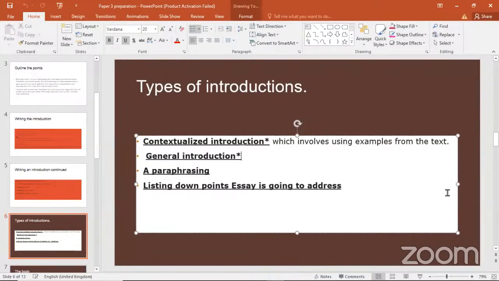So, discussing the question. Now, I'll discuss very quickly the merits and the demerits of each. For example, in the contextualized introduction, the advantage is that if you have used parts of the text, it means that you are already assured of at least, like we said, if you have used two points, you're assured of two topic sentences.